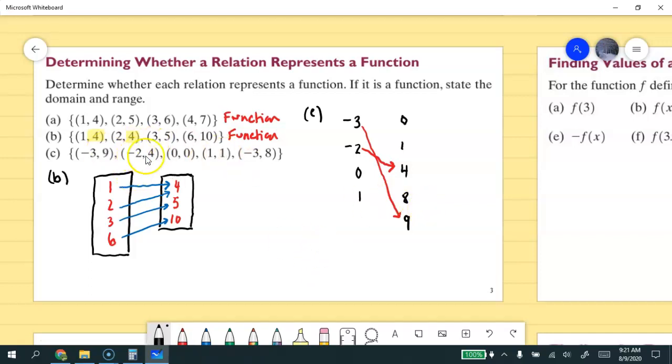So -3 to 9, -2 to 4, then 0 to 0. I apologize for that. So 0 to 0, no issues with that either. Then 1 to 1, that's perfectly good. And finally, -3 to 8, and that becomes our issue. Notice that when you go from -3 to 8, you had already chosen a path from -3 to 9. And so therefore, letter C is not a function.